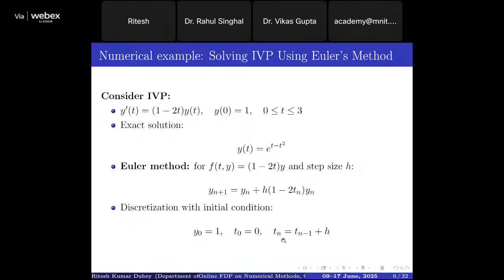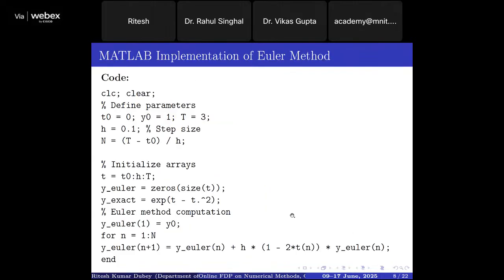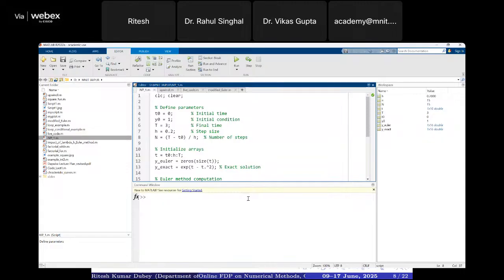And you know that we increment the time, or the space, the discrete value of the variable t, by h each time. So it's an incremental value. If we want to implement it, we can do it in MATLAB in this way. I have written this in the slide also, but let us go and see it in MATLAB.